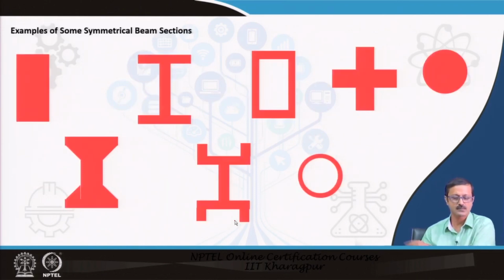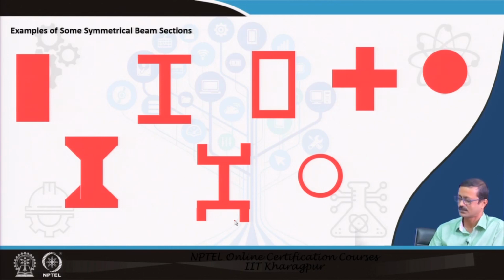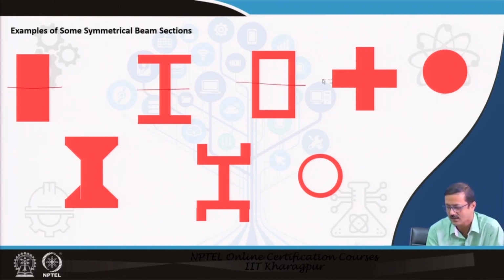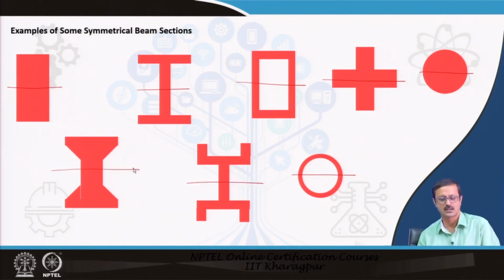Suppose there are some symmetrical sections where y top and y bottom will be equal, so y max is a single value. The CG line will be exactly at the center in all the cases, because it is a symmetrical kind of beam.